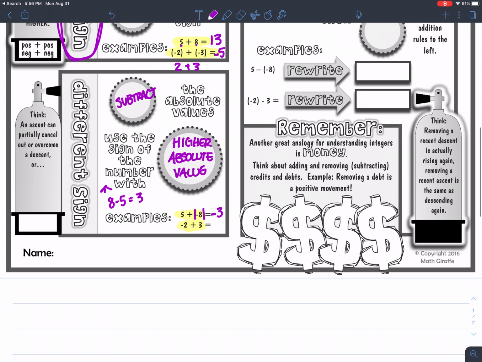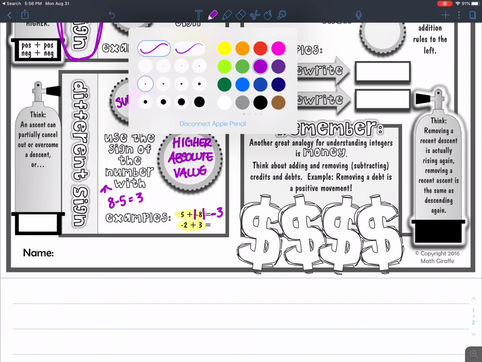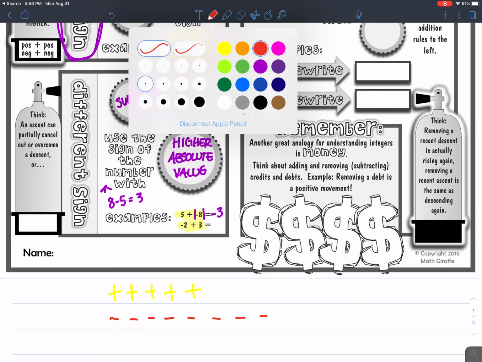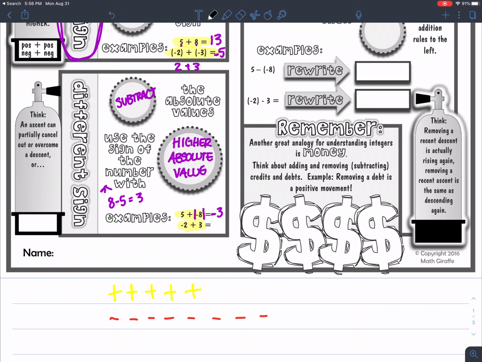And I'm just going to take a second to explain why that works. If we have positive and negative, what that means is we have 1, 2, 3, 4, 5 positives, and 1, 2, 3, 4, 5, 6, 7, 8 negatives. So what we're going to do is subtract them.